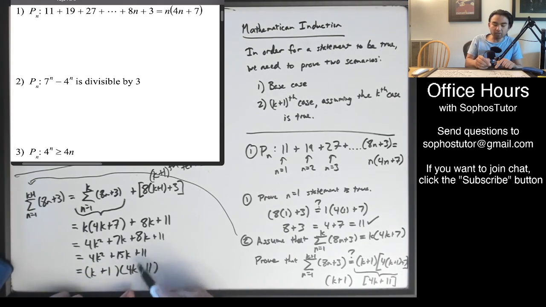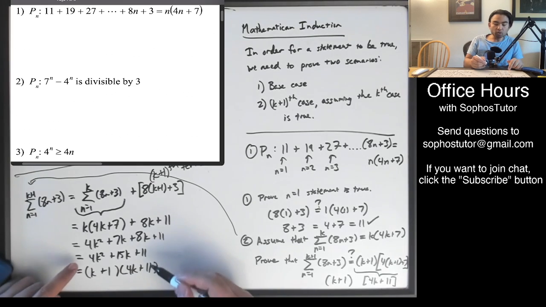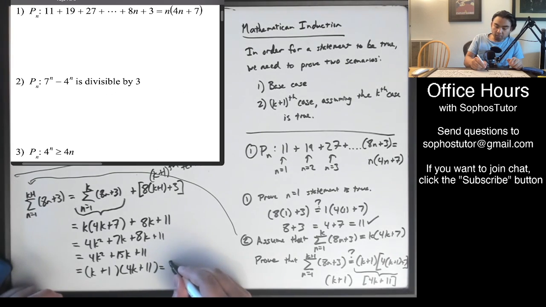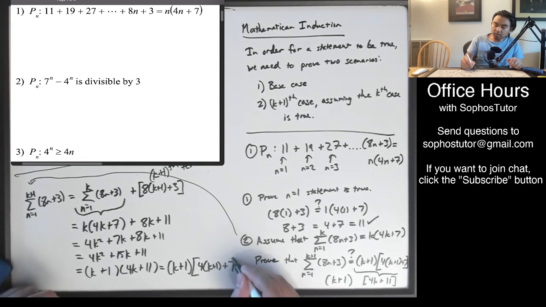And 1 times 11 is 11. So it turns out this does factor into k plus 1 times 4k plus 11, which we now know can be factored further to k plus 1 times 4 times k plus 1 plus 7.